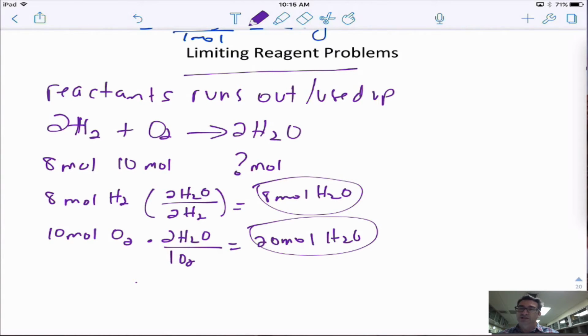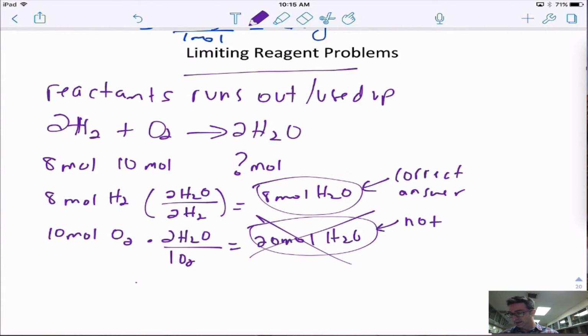So we have 2 answers here, answer 1, answer 2. Only one of them is correct, though. We got to figure out which one is correct. The answer to that is always the following: whichever one gives us the least. This is the correct answer. This one down here is not correct. So the correct answer is the lesser answer, the one that you make less of.